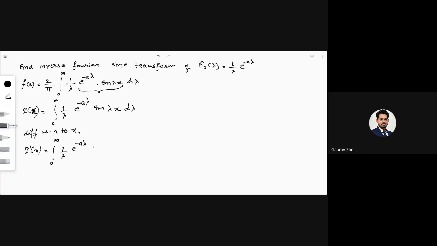Derivative of sine lambda x is cos lambda x into lambda d lambda. So this lambda will get cancelled out. Integral 0 to infinity e to the power minus a lambda cos lambda x d lambda.